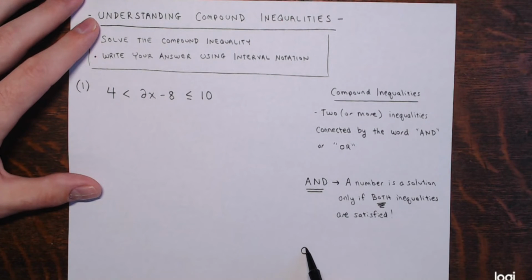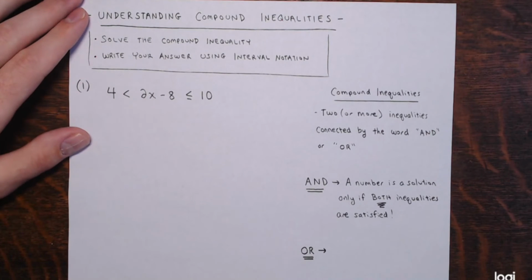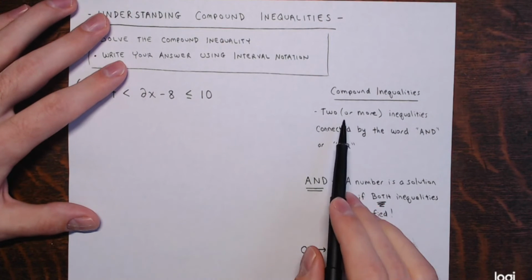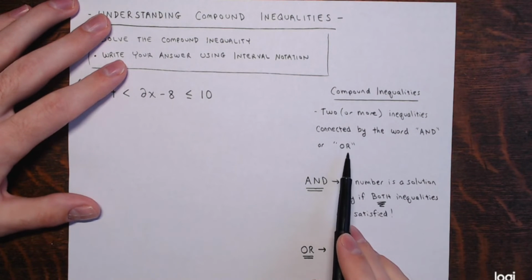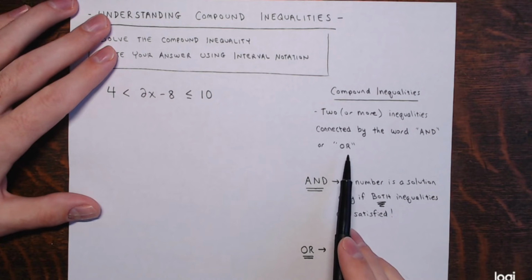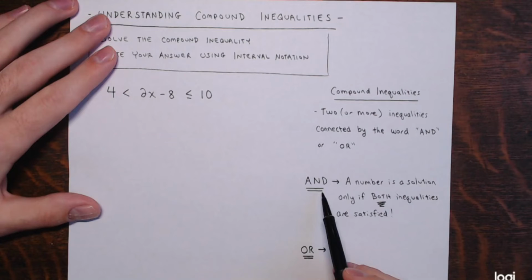Now the or connector is much more inclusive, much less restrictive. If you have two inequalities connected by the word or, and we're only going to see one example of this at the end of the video, because this is a very simple case. It's the and inequalities that tend to throw people off. But if two inequalities are connected by the word or, a number will be a solution if it satisfies at least one of the inequalities, one or the other, or both. They call this the inclusive or.